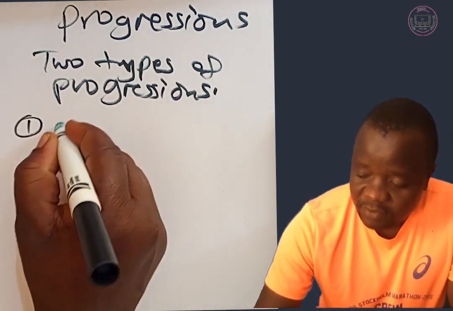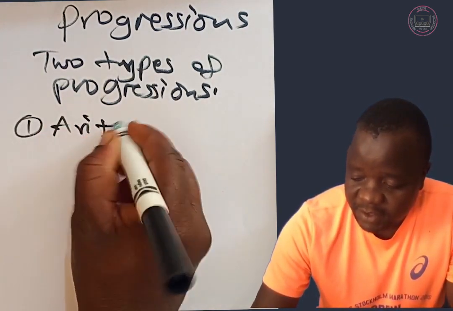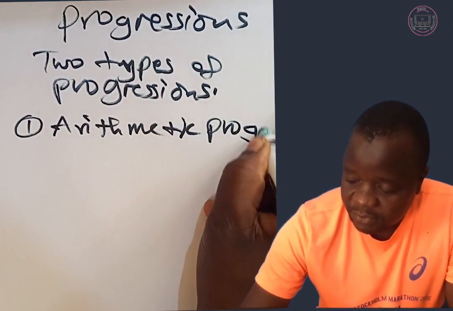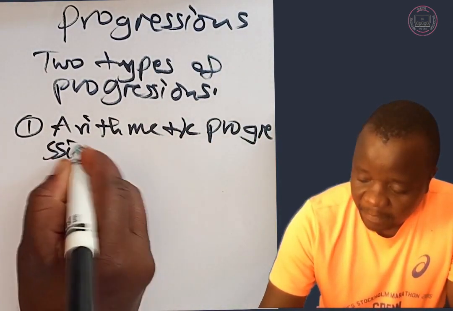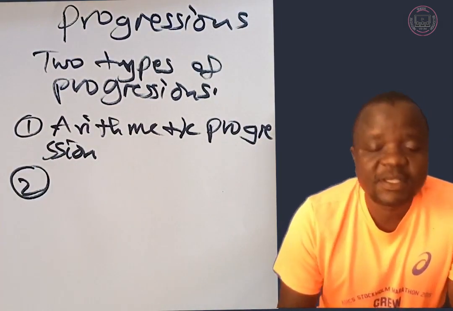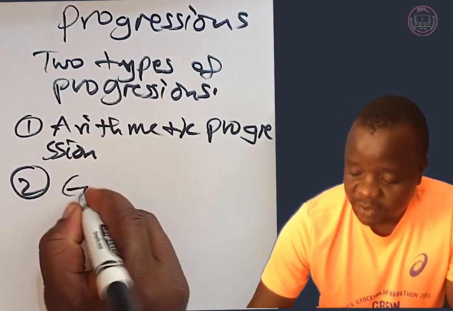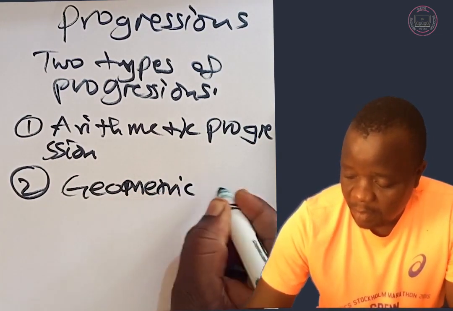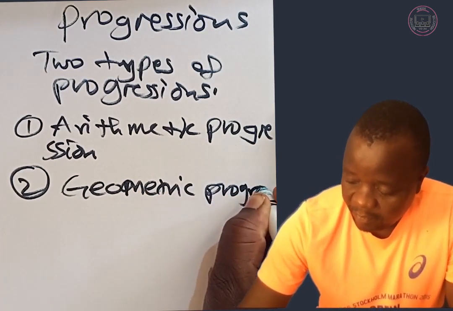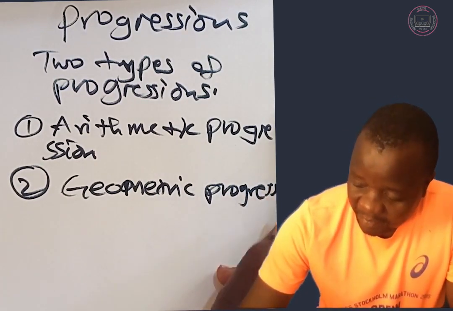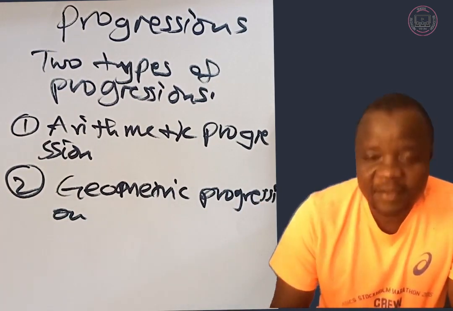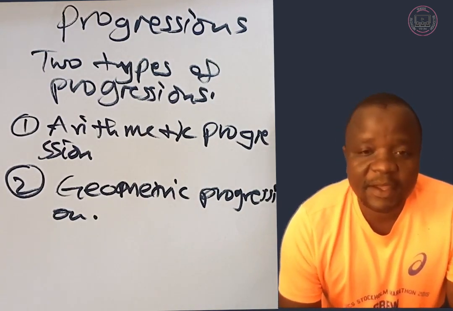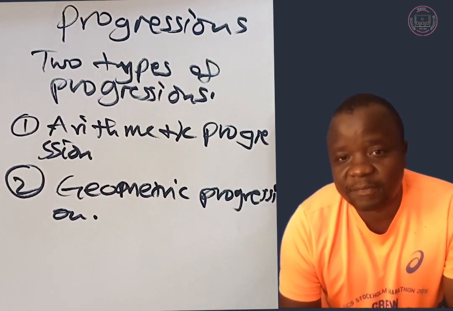The first one, we call an arithmetic progression. And the second one is what we call the geometric progression. These are the two kinds of progressions.